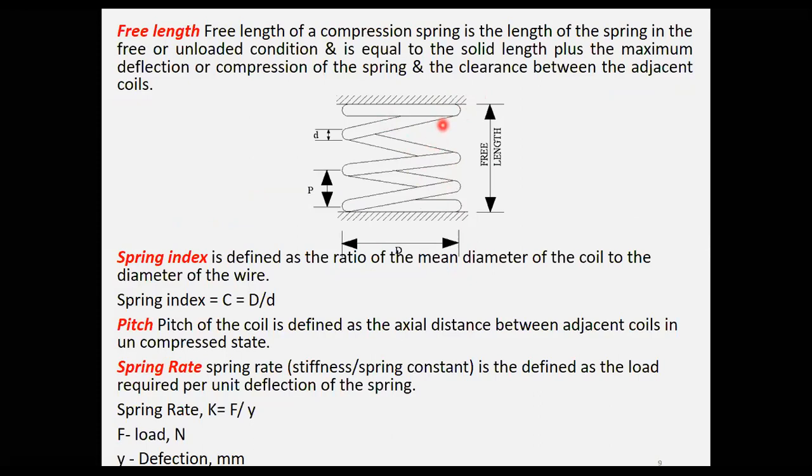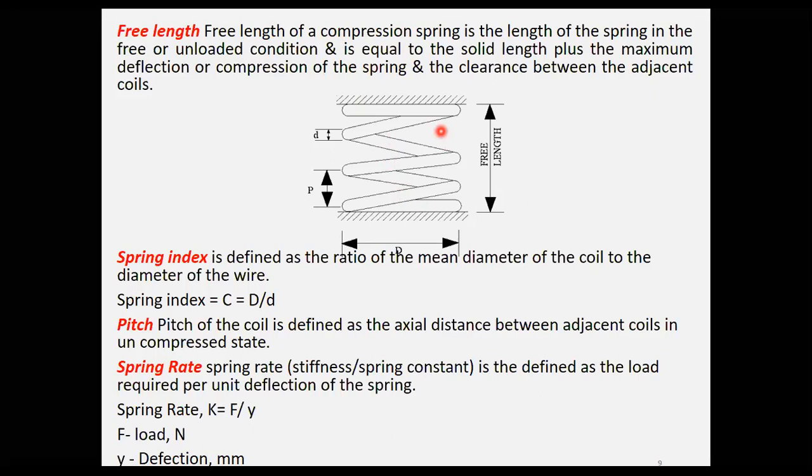How much maximum a member can deflect when it is subjected to loading, that is compression loading. And to that you need to add the clearance between the adjacent coils. How much clearance is there? Here you can see that it is called P. From that value you are going to get the free length of the spring.